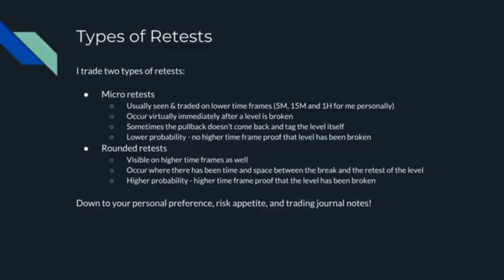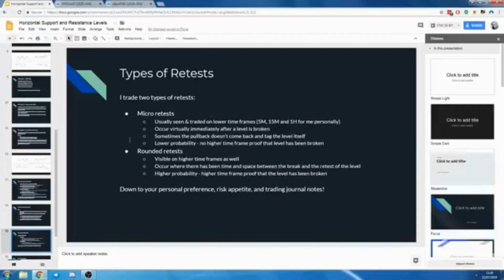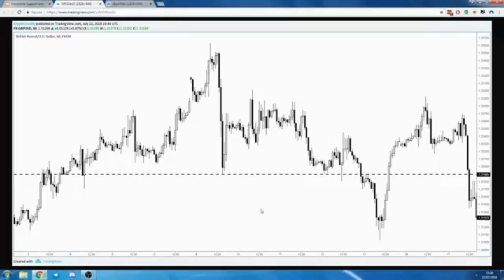The defining characteristic of a micro retest is, as I mentioned, it occurs virtually immediately after a level is broken, but for that reason it is a lower probability setup, because you've got no higher time frame proof that the level is broken and it's going to hold as resistance turned support or support turned resistance. So here's an example of a micro retest.